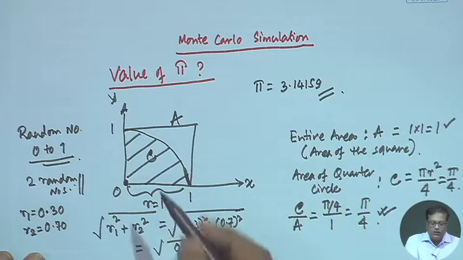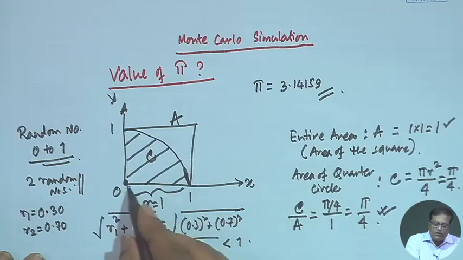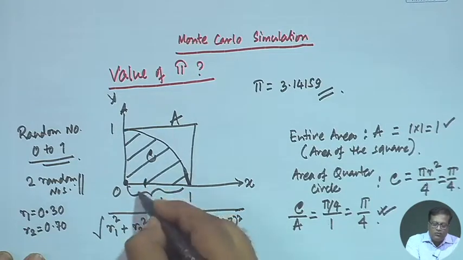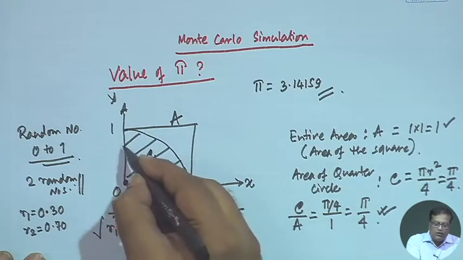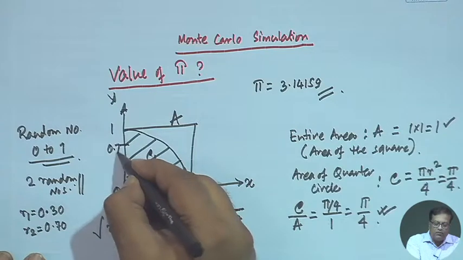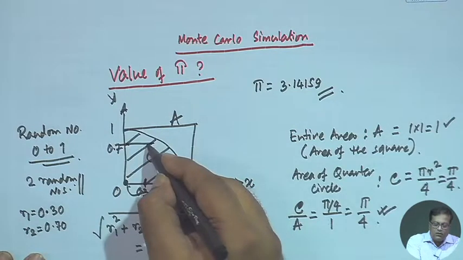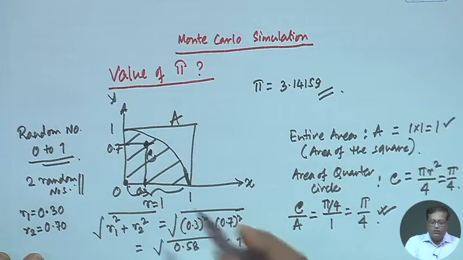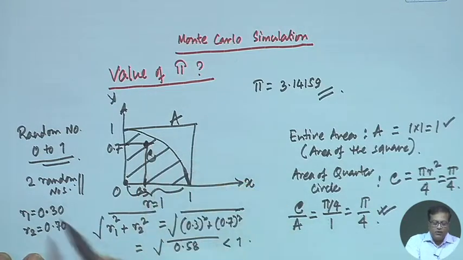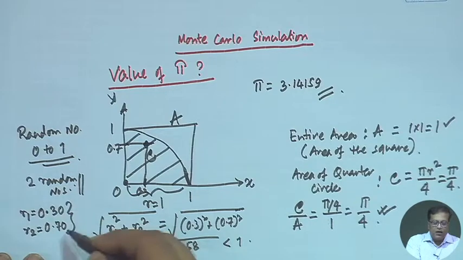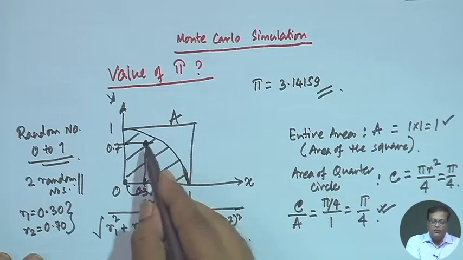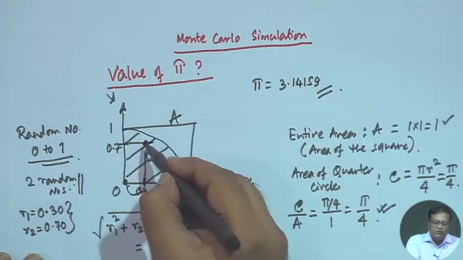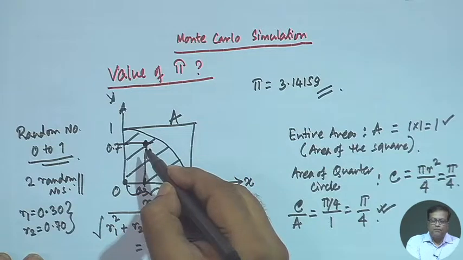If we plot that number, this is 1, somewhere here it will be 0.3, somewhere here it will be 0.7. So, this point will fall somewhere here. This is the point generated by R1 0.3 and R2 0.7, and this point is within C, right.